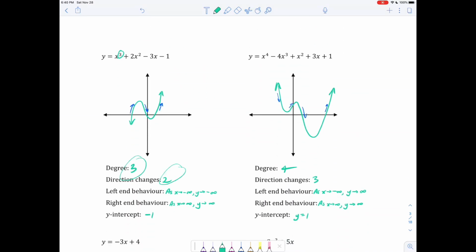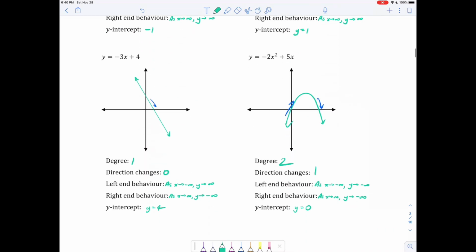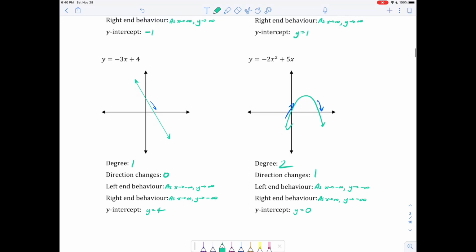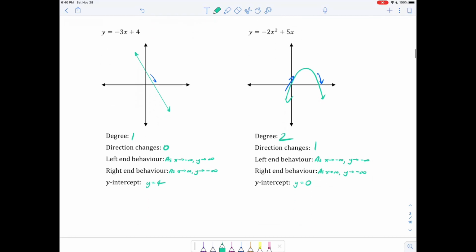Degree of 3, 2 direction changes. Degree of 4 had 3 direction changes. And the pattern we're noticing with each of these is that the number of direction changes is 1 less than the degree. Now, just so we're clear, it means that at most there will be that many direction changes. And these particular ones were chosen because they did have 1 less than that.